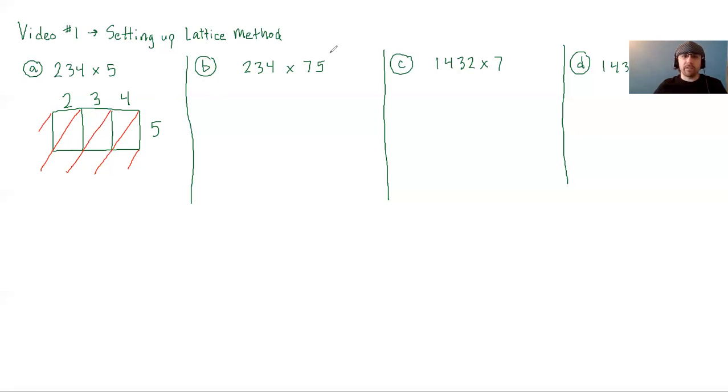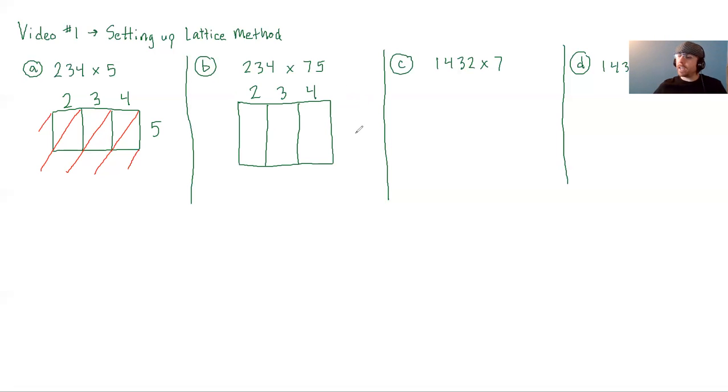234 times 75. So once again, I'm going to draw a box. This time, though, I know that I'm going to have 2 digits on the side. So when I draw it, I'm going to draw it a little bit taller than the other one, but probably just as long. I'm going to split it into thirds again for the 234, 3 place values, hundreds, tens, ones.